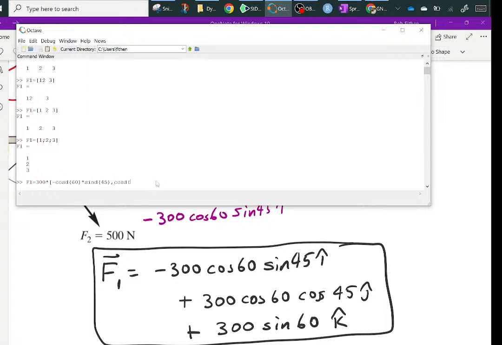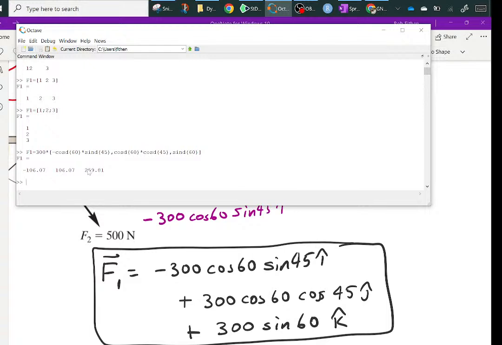But I'll do cosine degree 60 times cosine degree, that's what the d is, 45, comma, sine degree of 60. And then there's my vector. So it makes sense: minus 106 in the x, positive 106, and 259.